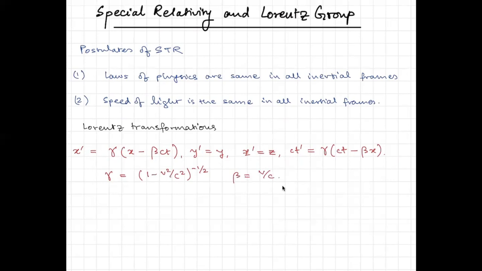As we were saying, the transformation is only on the xt plane and leaves y and z as spectator directions. You can show that with the speed of light going to infinity, this reduces to usual non-relativistic physics, to Galilean transformations.